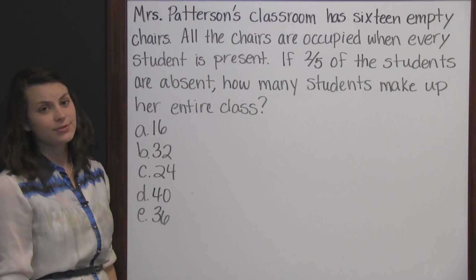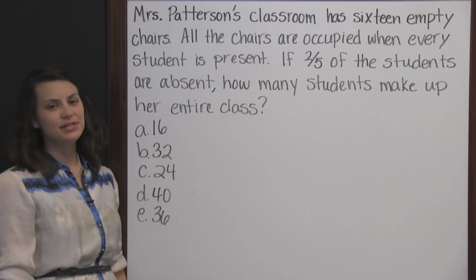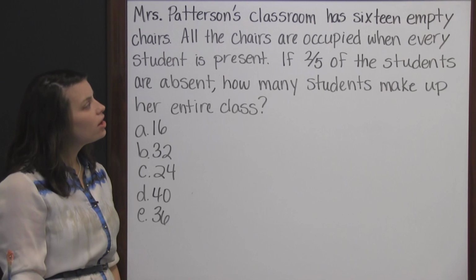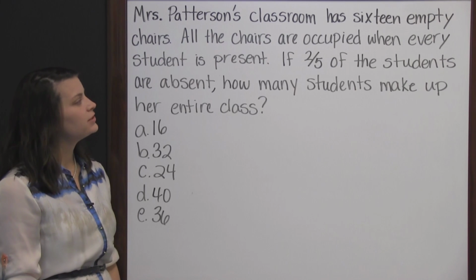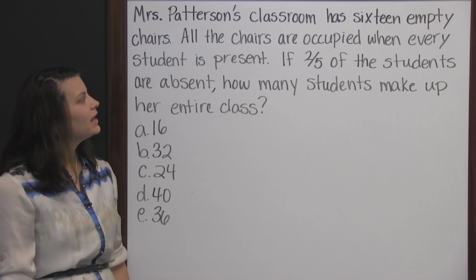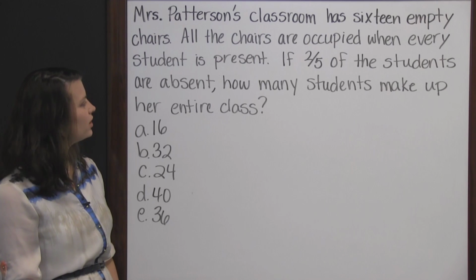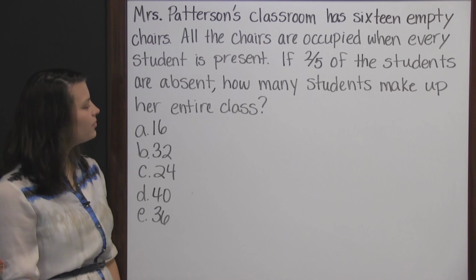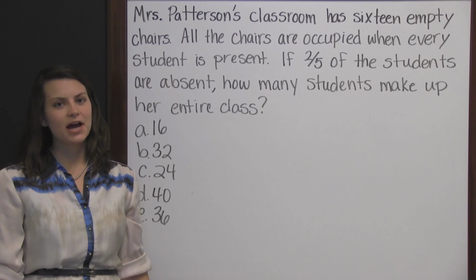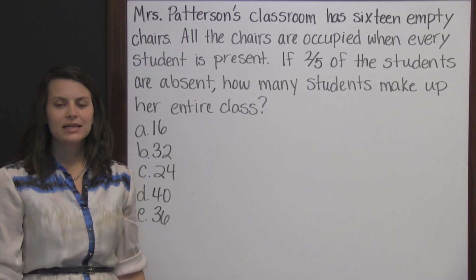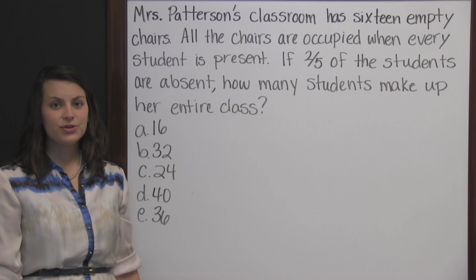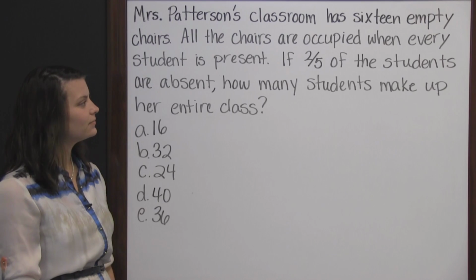Mrs. Patterson's classroom has 16 empty chairs. All the chairs are occupied when every student is present. If 2/5 of the students are absent, how many students make up her entire class? This is a great problem to use a proportion to solve.